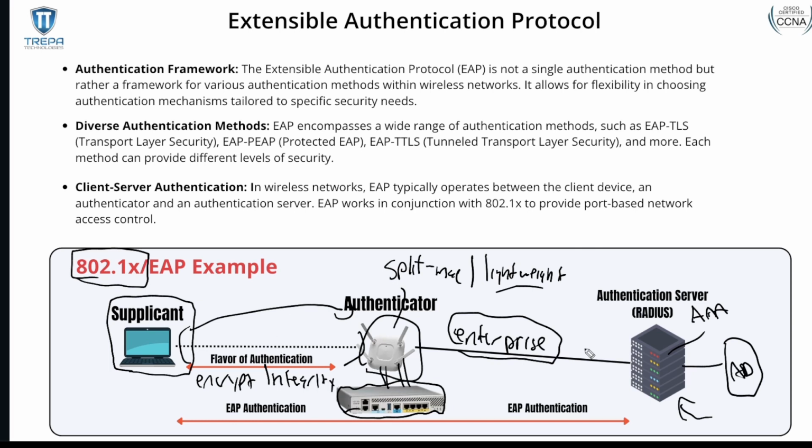That is where we have these different EAP frameworks, with protected, with TLS, with EAP-FAST, which we're going to go over, which is vulnerable now. But we have to learn about it so we understand how these frameworks work in the context of authentication and how we protect our authentication process with encryption and integrity.